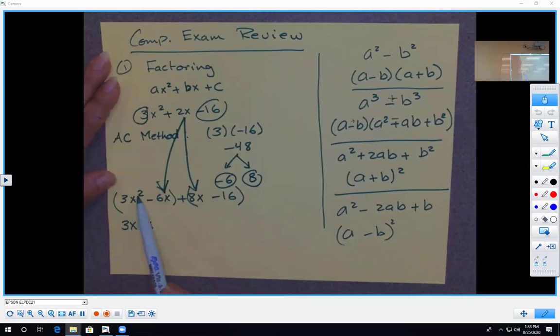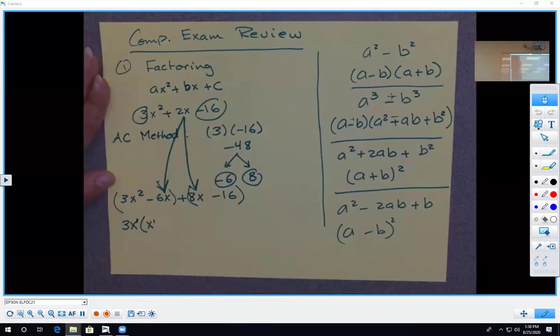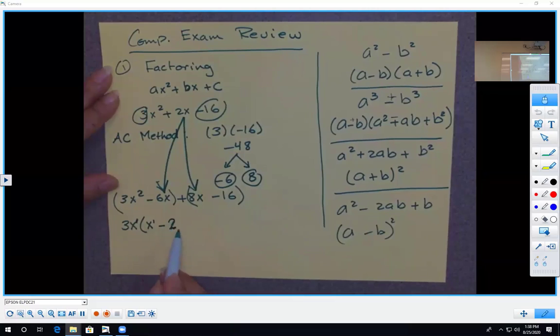Or I could say the exponent 2 minus the exponent 1. That's what's left. When you factor, you are actually dividing the original terms by the factor. And what's left is inside the parentheses, and that's a 2. The 6x here, we got 3x outside, and 2 will be left.